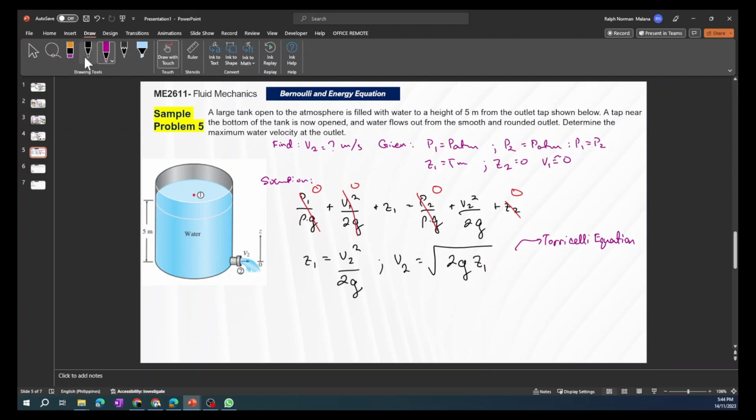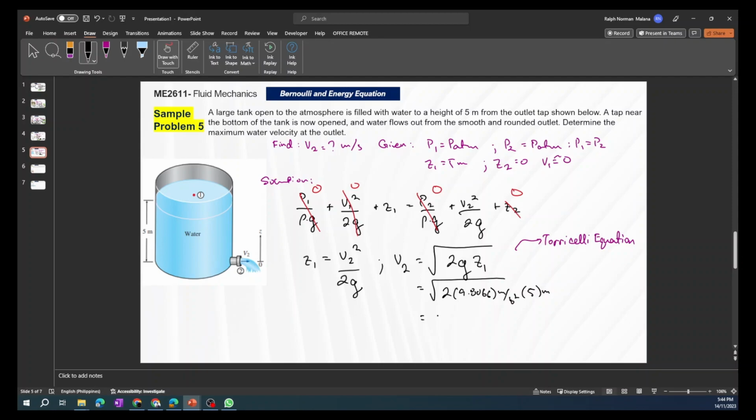Okay, and all we have to do now is substitute the known values that we have. So here we have the square root of 2 times 9.8066 meters per second squared times Z1 at 5 meters. So the unit here will be meters per second. So our final answer would be the square root of 2 times 9.8066 times 5.